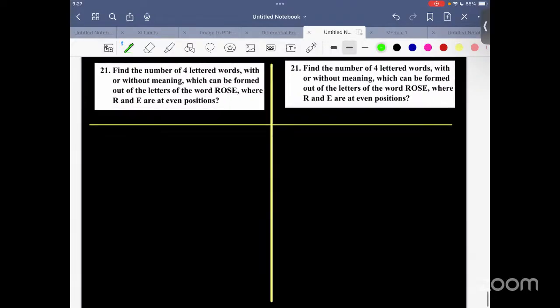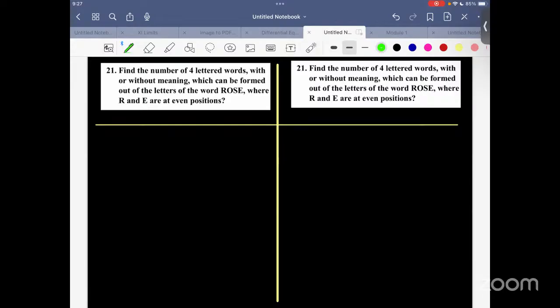Find the number of four-letter words with or without meaning which can be formed out of the letters of the word rose where R and E are at the even position. I will use the fundamental principle of addition here, and here I will use the fundamental principle of multiplication.